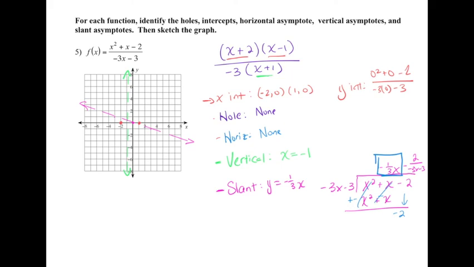What do you end up with? -2 over -3. So your y-intercept is 2/3. So that actually tells you you're going to cross your y-axis around 2/3. Okay? Does that make sense? Y-intercept, where you cross your y-axis. This gives you a picture of what's actually happening here.